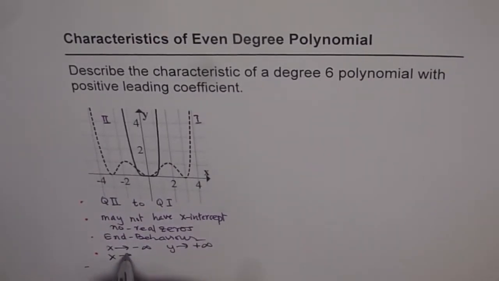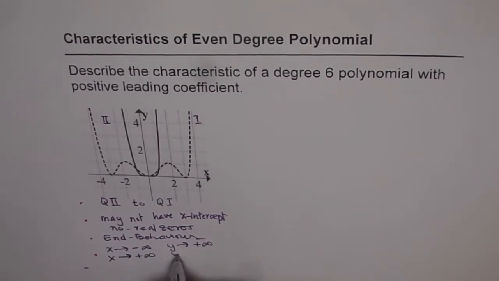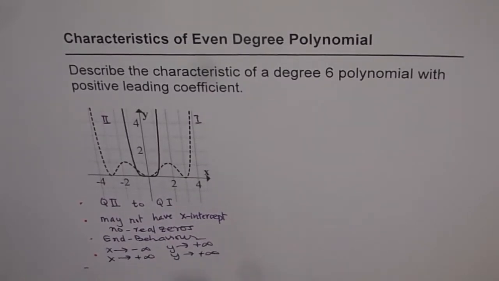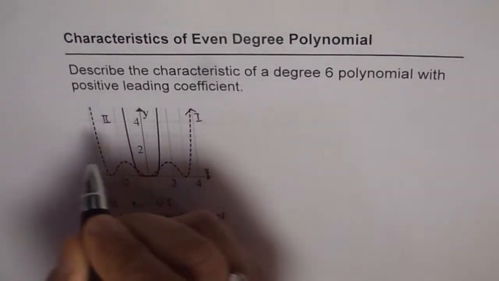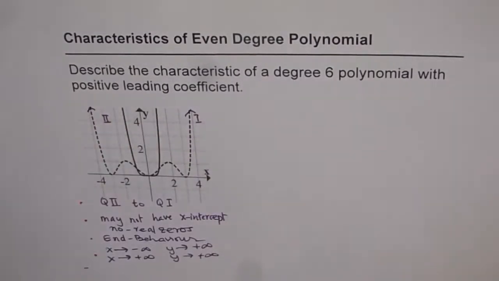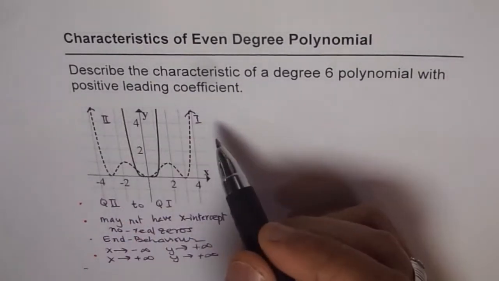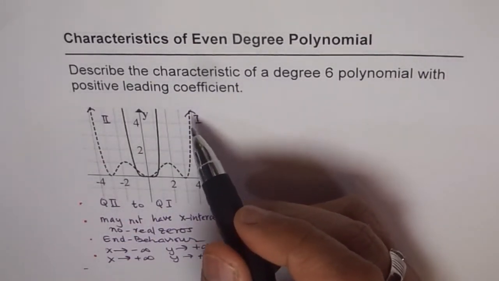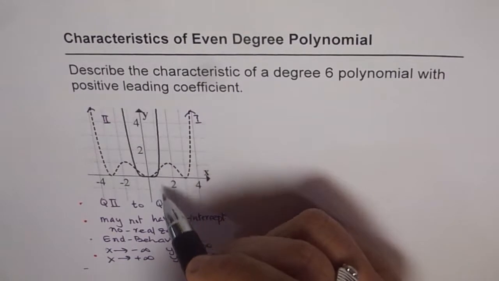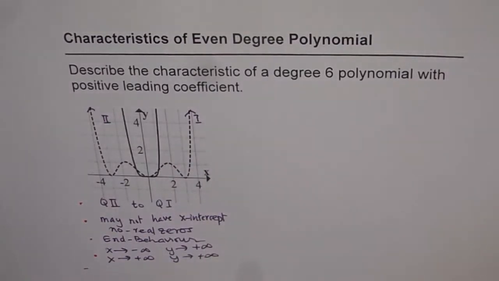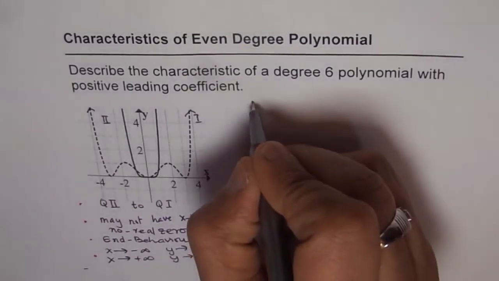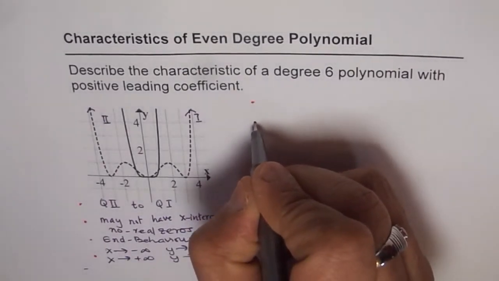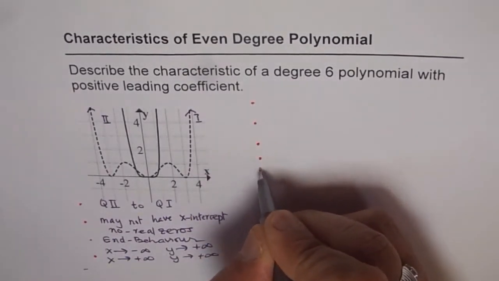And as x approaches plus infinity, y approaches plus infinity. So basically what you see is that a degree 6 polynomial will always approach positive infinity, right? So both sides are up. When you see it, you will see both sides up, correct? So that is the kind of behavior, both are on the same sides. So end behavior is you see both on the same sides, correct?